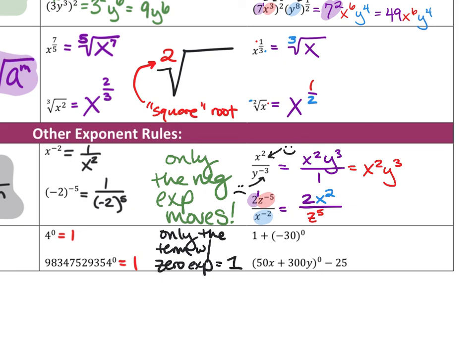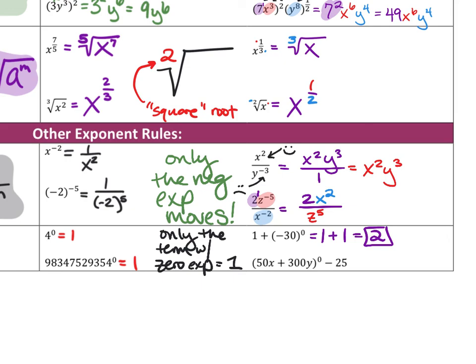That means that in this top expression, it says 1 plus negative 30 to the 0 power. Well, negative 30 to the 0 power, that's going to be 1. But I still have 1 plus that now 1. So don't just automatically think that because you see a 0 exponent that the whole thing is 1. Remember, only the term with the 0 exponent attached to it is 1.